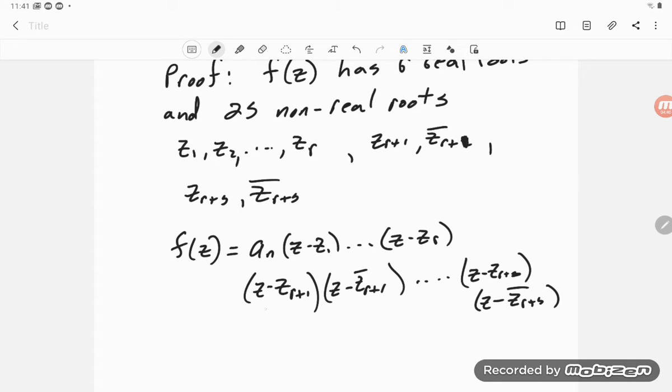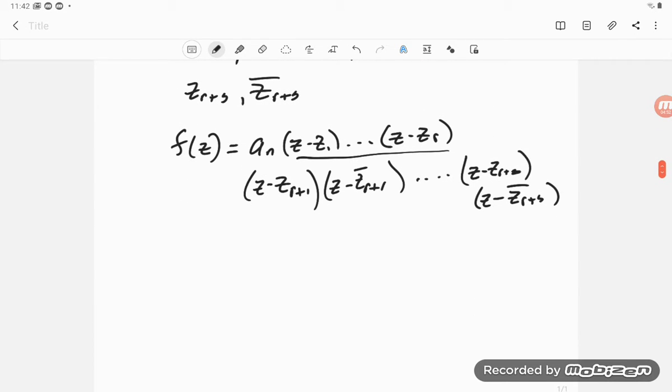Well, so here are all the real terms, right? These first ones are the linear terms. And then after that, I do my complex conjugate pairs, and if we take any one of these and look at what that is, they change to a subscript of j for any of these r plus somethings.